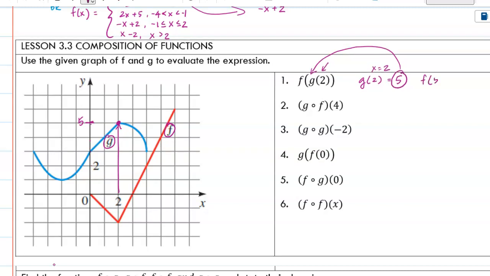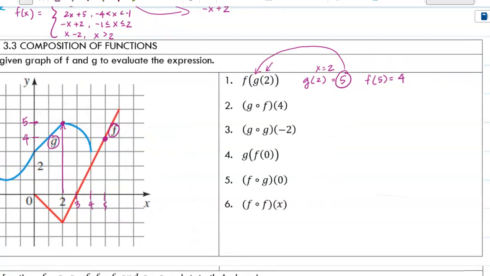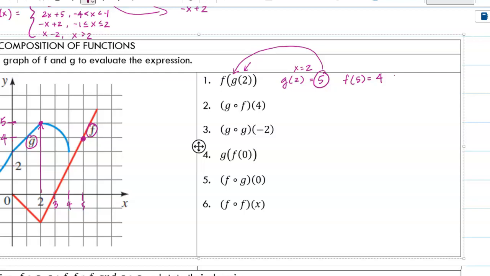If I put 5 into f, here's 2, 3, 4, 5, right here, it's going to give me a 4 as an output. Therefore, f of g of 2 equals 4.